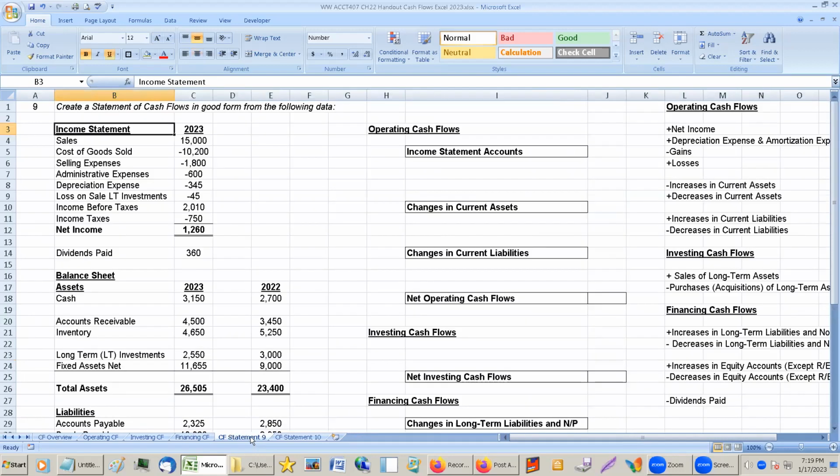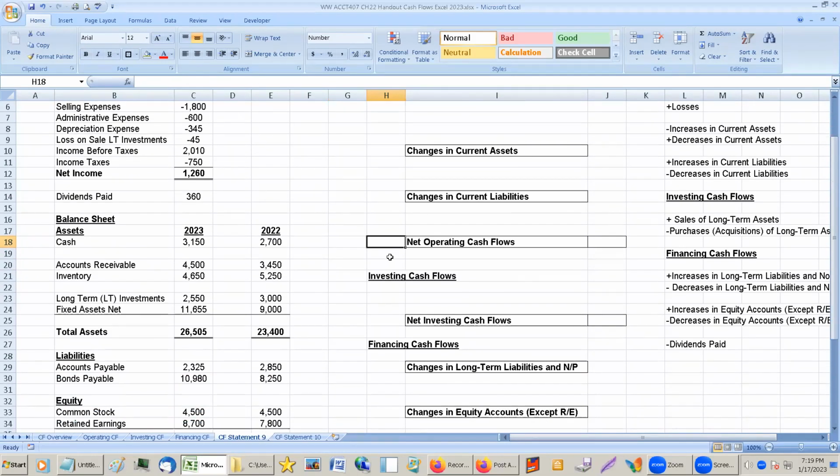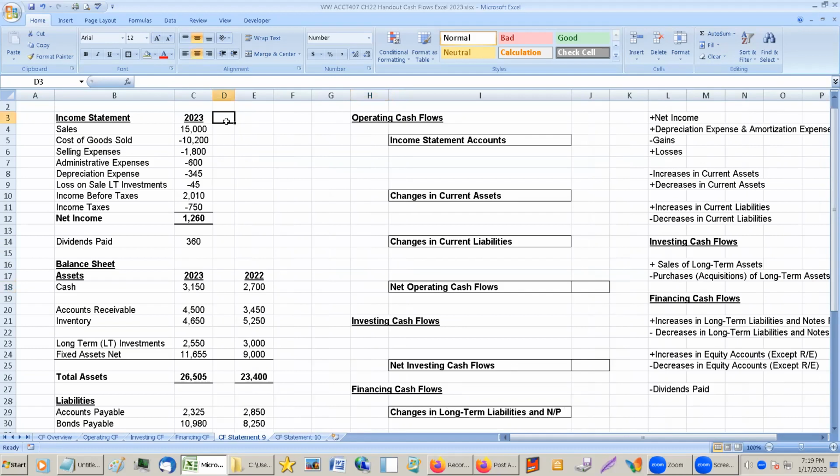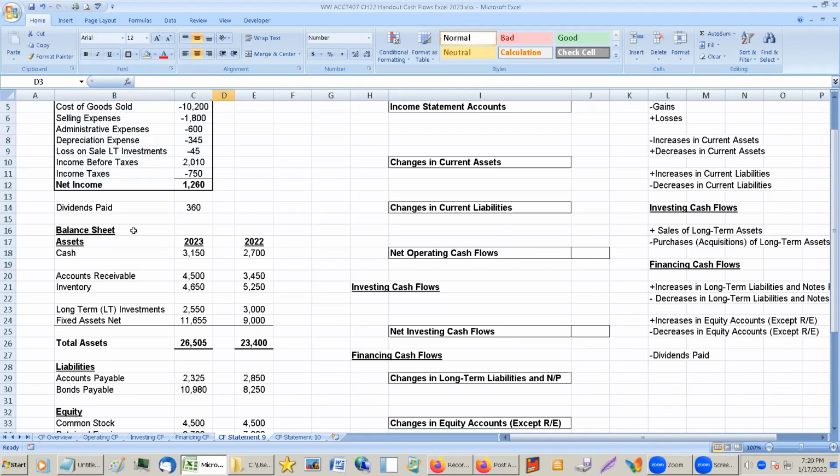And now we're going to put the whole thing together. Let's take a look here. So here's our income statement, and dividends paid are here.